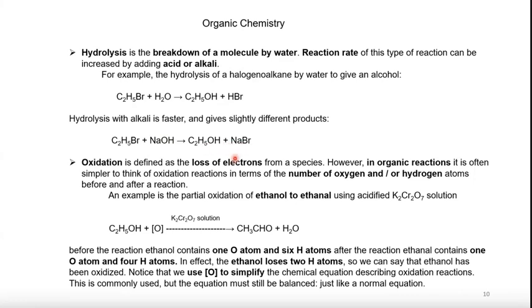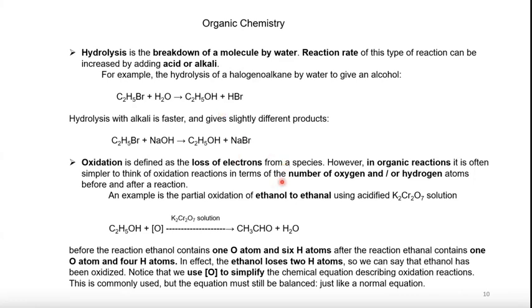And we did talk about oxidation and reduction reactions, that is redox reactions, which also occur in organic chemical reactions. Oxidation means loss of electrons from a base. We did talk about oxidation and reduction reactions earlier in inorganic chemistry.